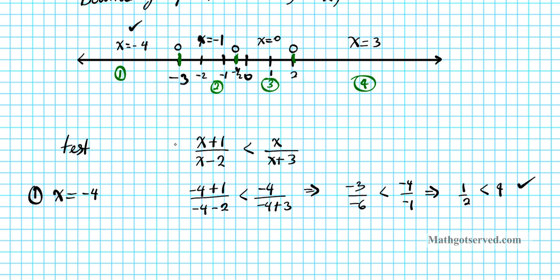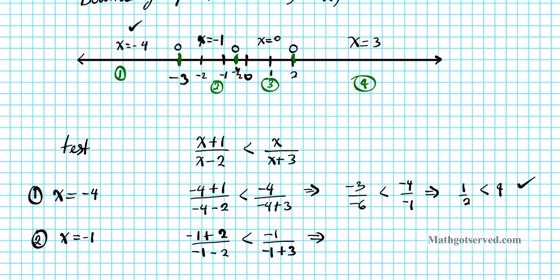Now let's shift our attention to interval 2. Interval 2, we're testing x equals -1. Let's plug it in here. So the question is -1 plus 1 over -1 minus 2, is it less than -1 over -1 plus 3?